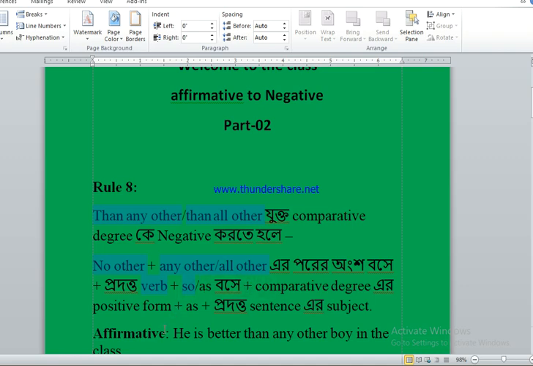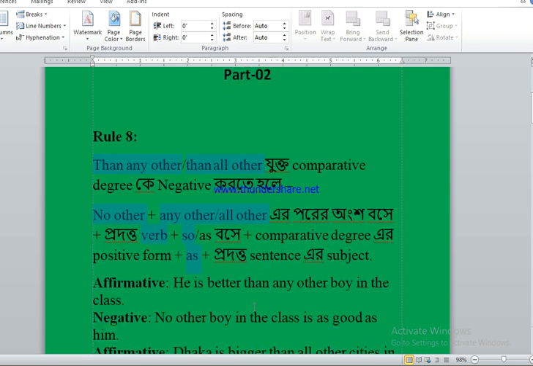That means you will change the comparative form to the positive form, plus "as", then the subject of the comparative degree. Okay, let's see examples.